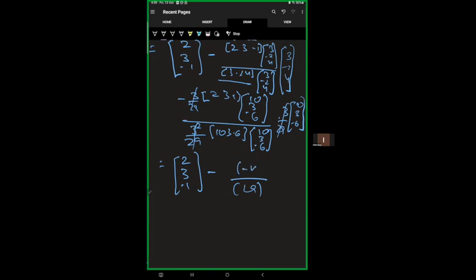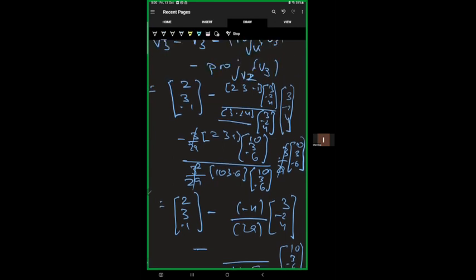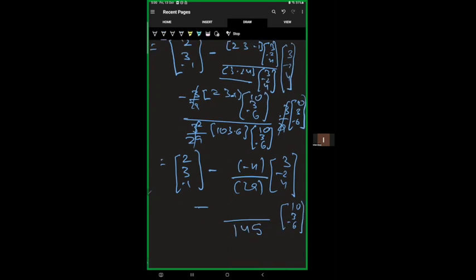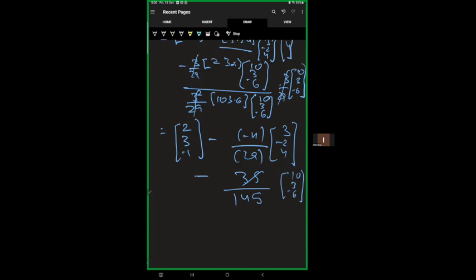So we are left with minus 4 by 29 into (3, -2, 4). And applying this, we have upon 145 (10, 3, -6), we have 29 minus 6, which is 29 plus 6, which is 35 upon 145. Taking 5 common, we are left with 7 upon 29.